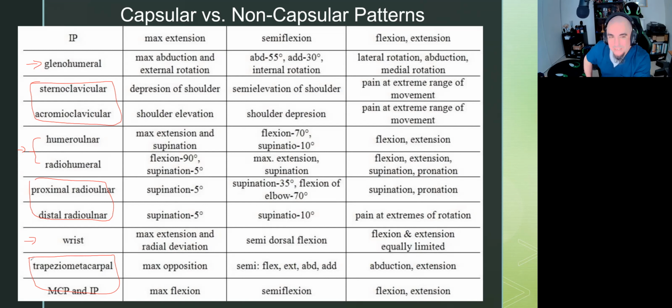So that's why I designed this chart. If I'm studying for your boards, the ones that I just indicated are the ones that are really important for your boards. Does that make sense? I put them all on here so that you're not short if you go out to the clinic and, say, Mark's CI asks, what's the closed pack position for the distal radial ulnar joint?